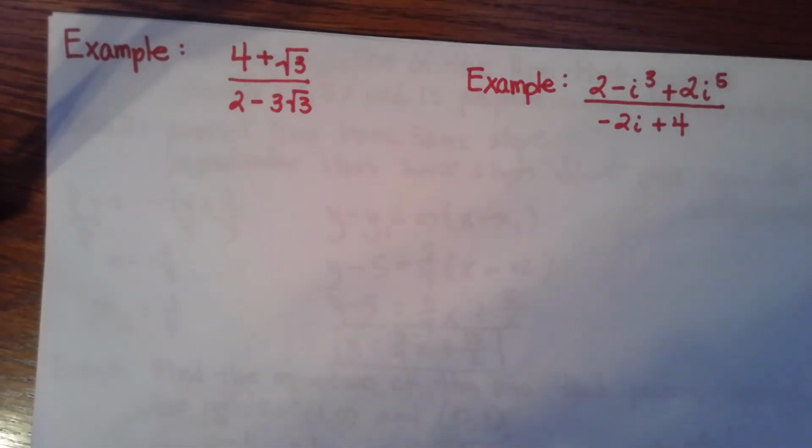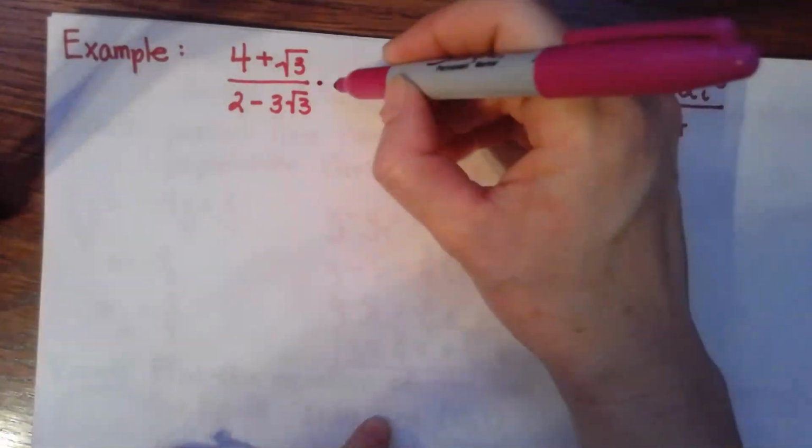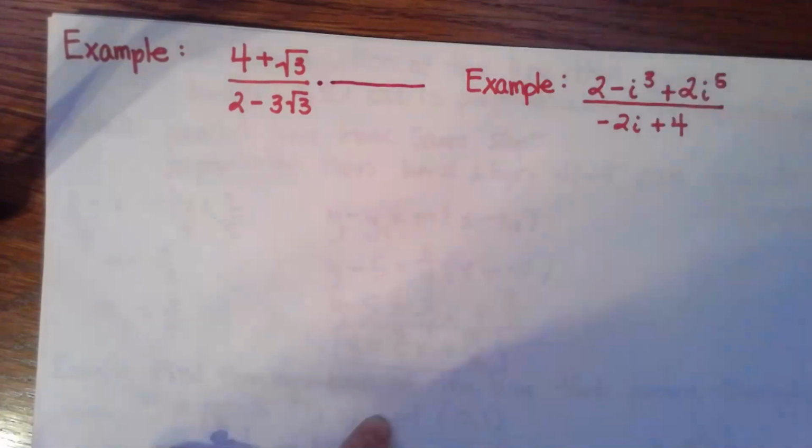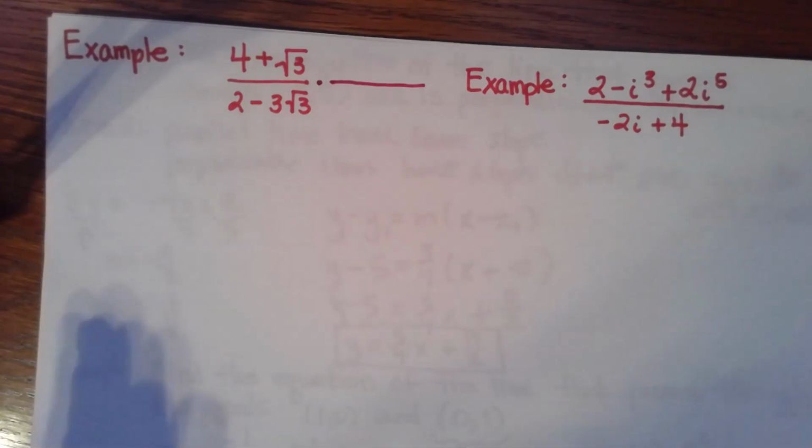So in both cases we would want to write these with rational denominators. If you recall from Algebra 2, we did very similar things for both of these kinds of problems. Namely, we want to multiply by 1 in a fancy form, and that fancy form is using the conjugate of the denominator over the conjugate. So conjugate over conjugate, we're really multiplying by 1.